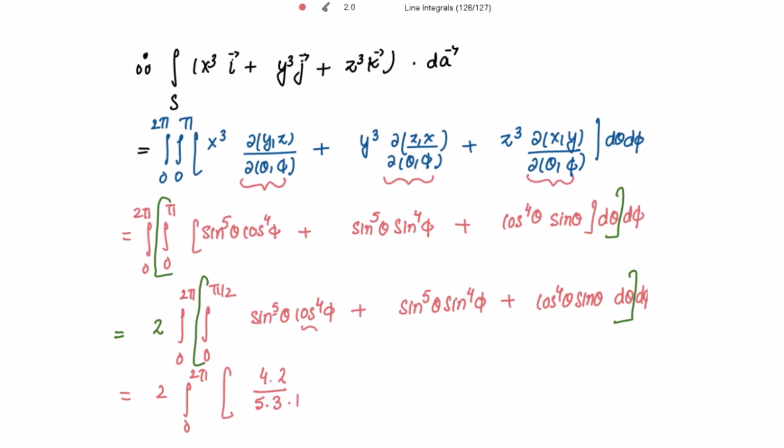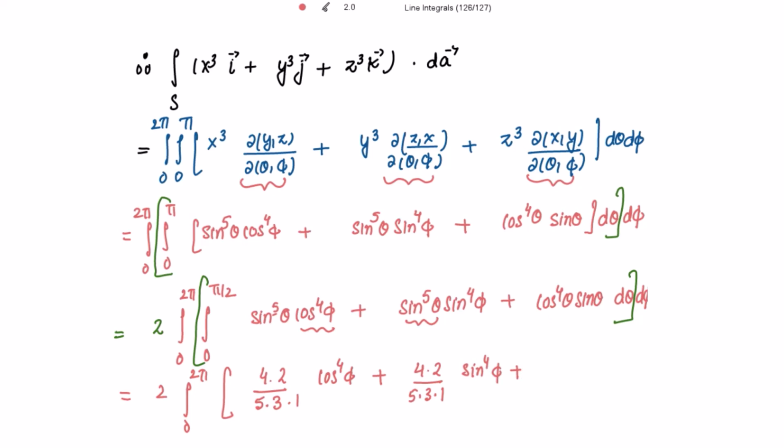And writing cos the power 4 phi as it is, because we have used the reduction formula for theta here, right? Plus again sine the power 5 theta. So this is again 4 into 2 divided by 5 into 3 into 1. And writing here sine the power 4 phi.